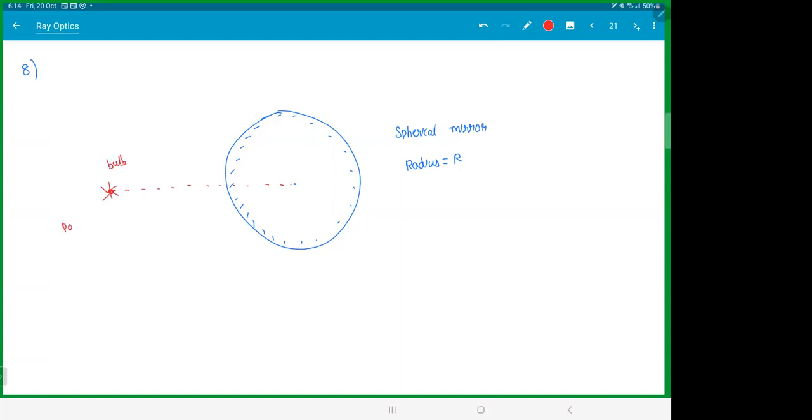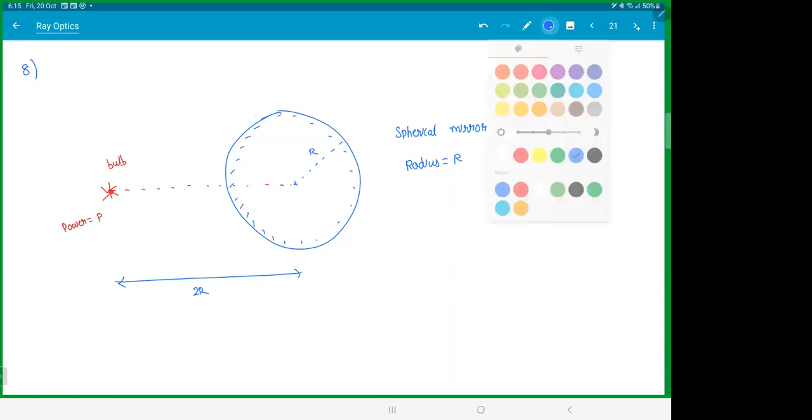Power of the bulb is P. And this is at a distance of r. From here to the center will be 2r. This radius will be r.